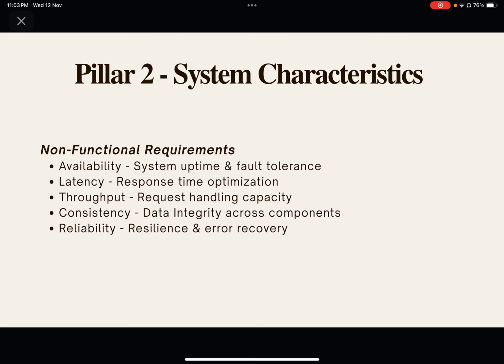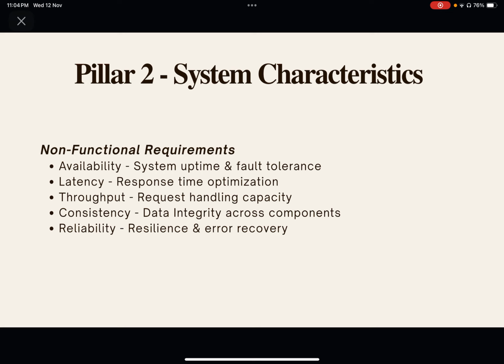Then system characteristics, also known as non-functional requirements or quality attributes. These define how well your system performs, not just what it does. Availability measures system uptime: can users access your system when they need it? Latency focuses on response time: how quickly does your system respond?